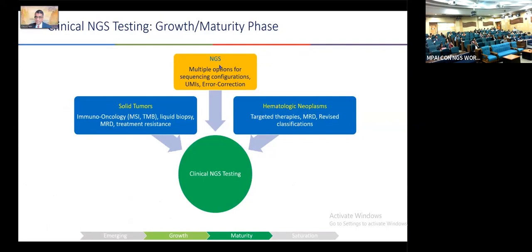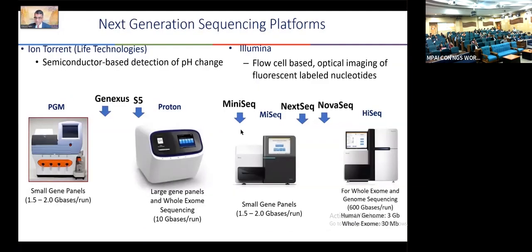And again, on the NGS platform side, we now actually have multiple configurations available to us, from low throughput to very high throughput. Also, chemistry-wise, we now have UMIs and more sophisticated error correction mechanisms. So this is what is defining the current phase, where we are constantly adding these different sequencers to our portfolios.